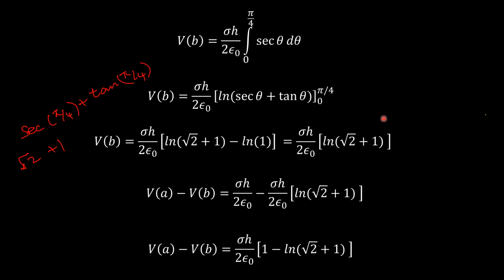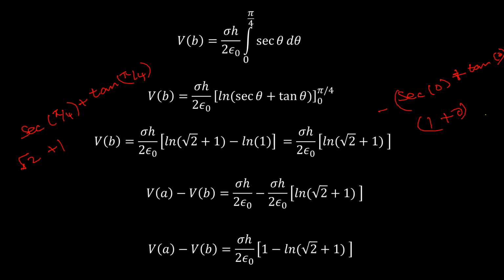Now you come for the lower limit. For lower limit, minus secant 0 plus tan 0. So secant 0 is 1 and tan 0 is 0, 1 plus 0.